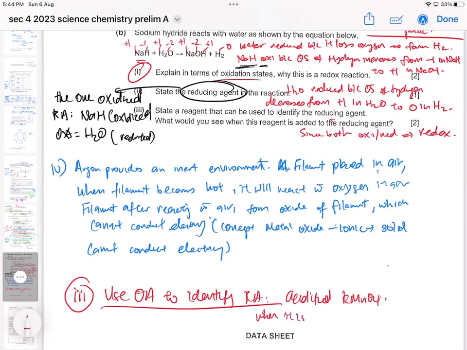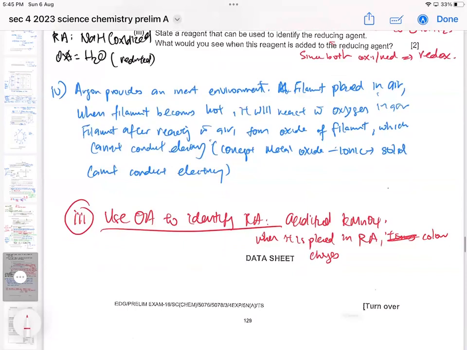When it's placed in a reducing agent, the solution will change from purple to colorless. That will be the proof for the presence of the reducing agent.